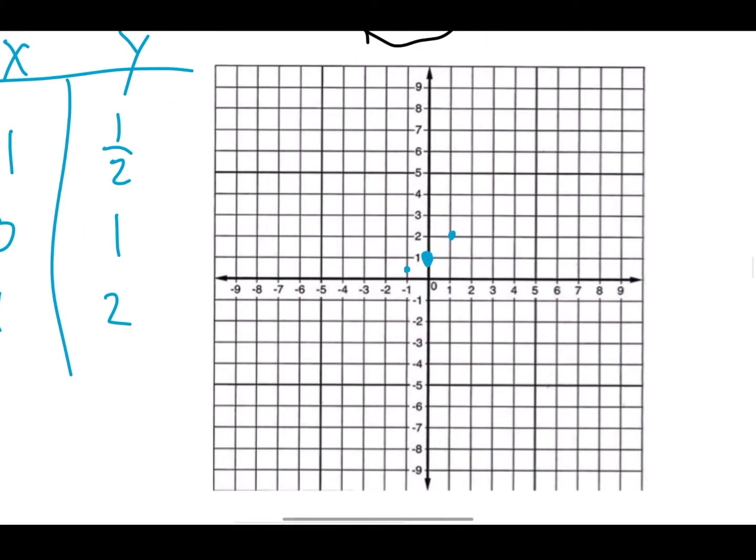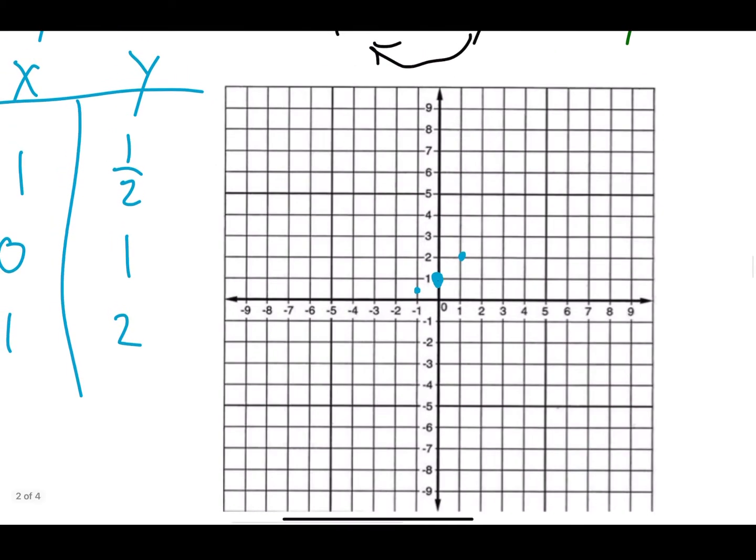And imagine if we keep going further and further in this direction, we'd get closer and closer to the x-axis, but never quite. There is an asymptote at the x-axis because our y value will never equal 0. So this is our 2 to the x.